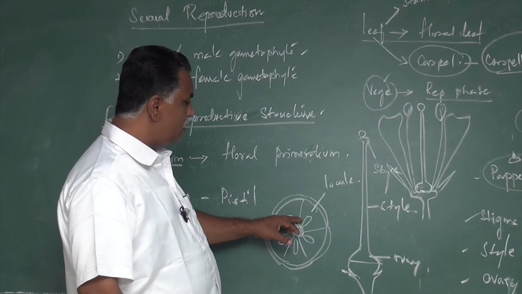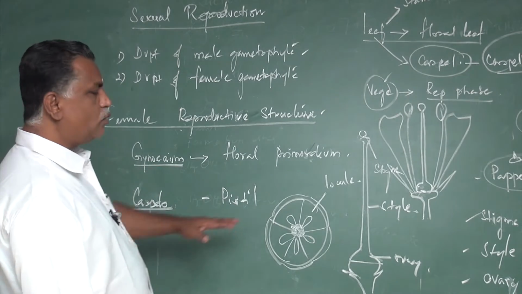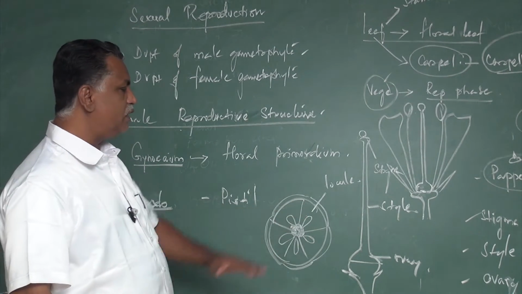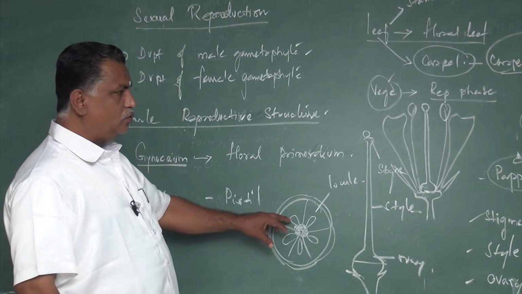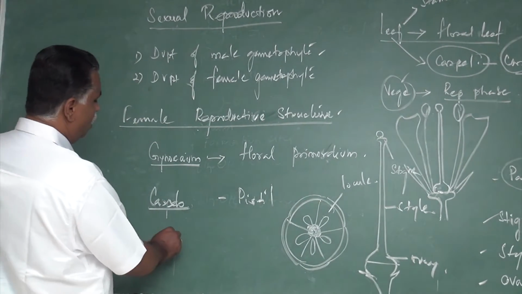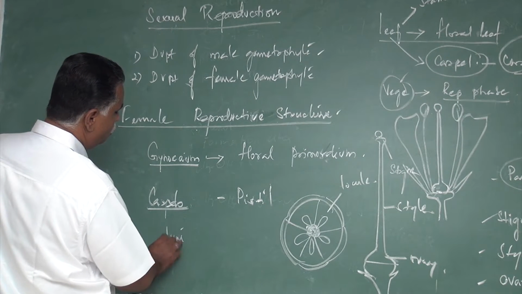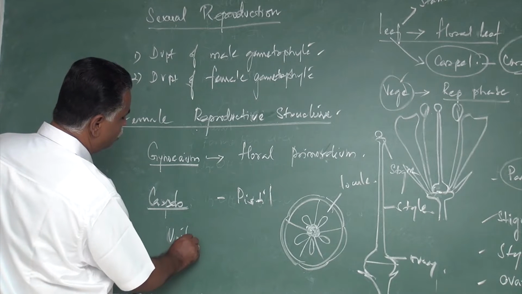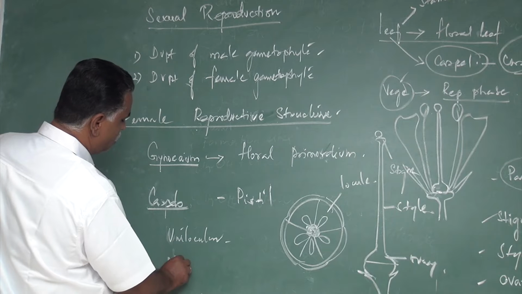Ovules are actually known as megasporangium. So we are going to discuss the structure of ovules afterwards. And the locules may be unilocular or multilocular.